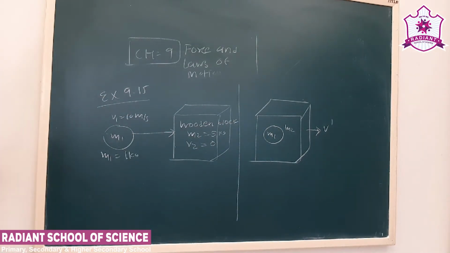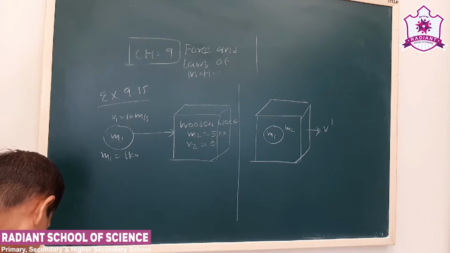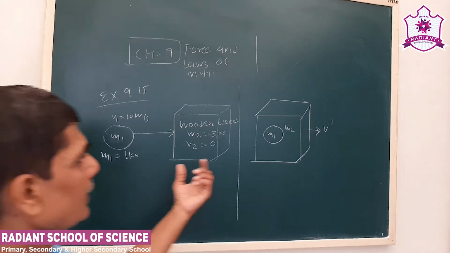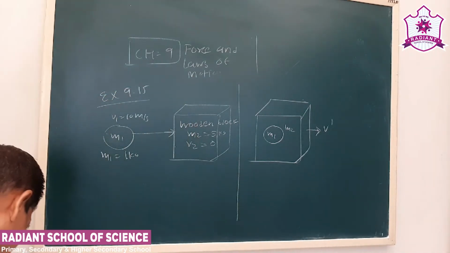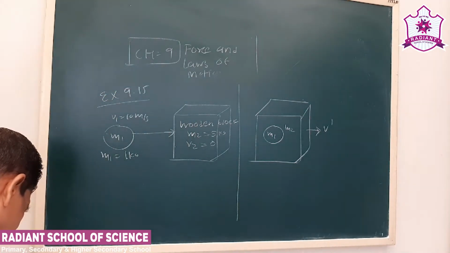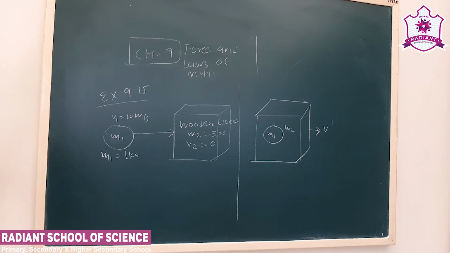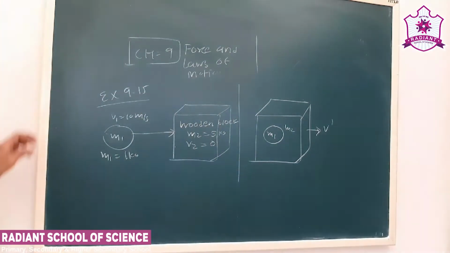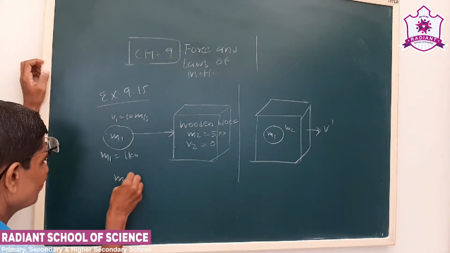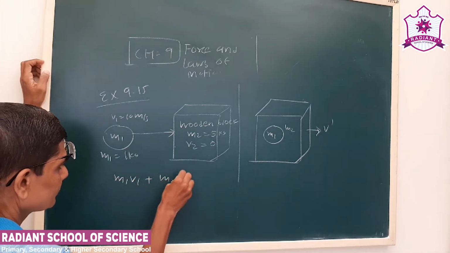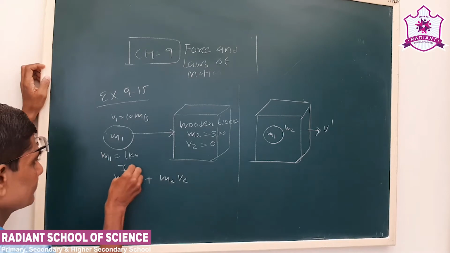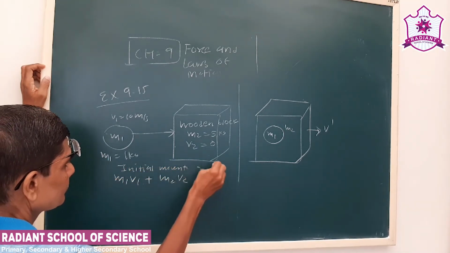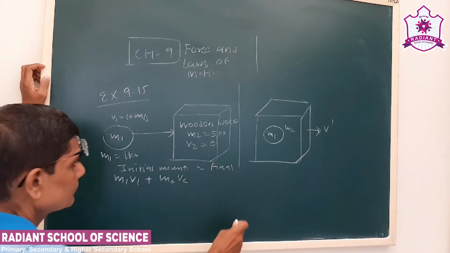What do we have to calculate? Calculate the total momentum before collision and after collision. Also calculate the velocity of the combined object. Now here we have to use the law of conservation of linear momentum. See here, m1 v1 plus m2 v2, that is the initial momentum, is equal to the final momentum.